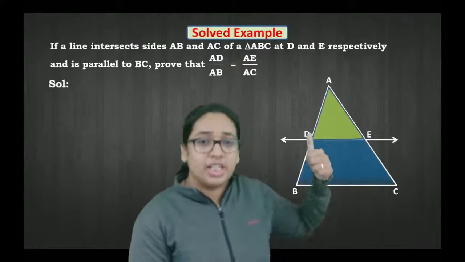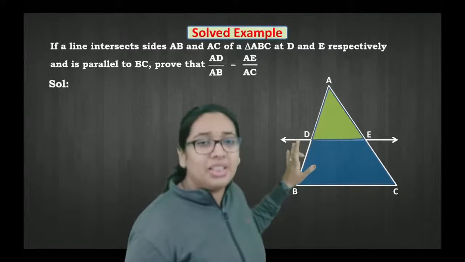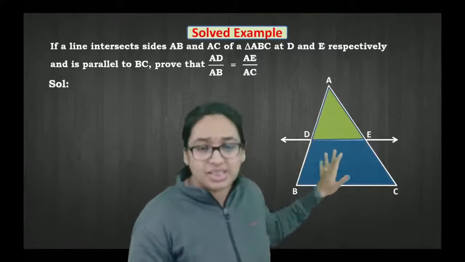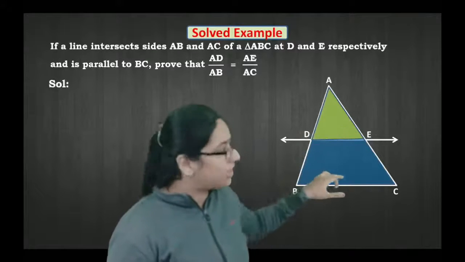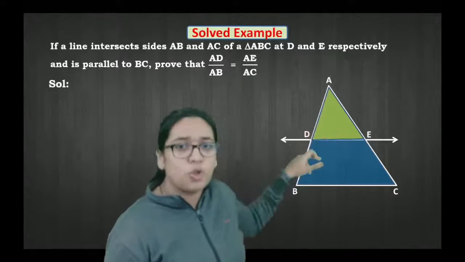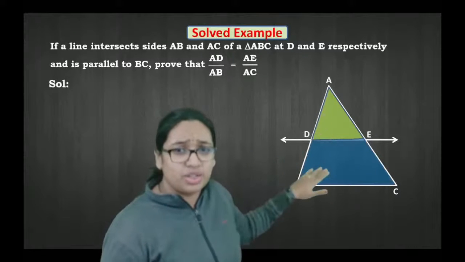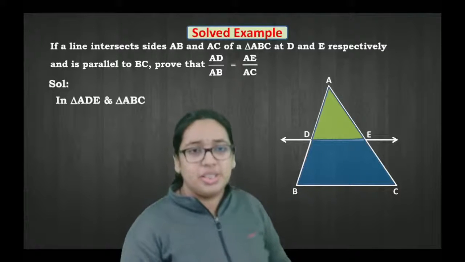The one is ADE and the second one is ABC. This line, which we can call DE, divides the whole triangle into two parts. So I can say that now there are two triangles. The first one is ADE and the second one is ABC.